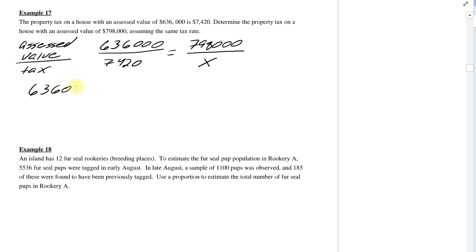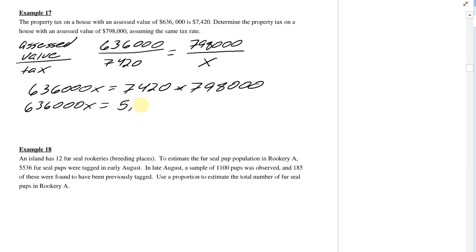So I have 636,000x equals 7,420 times 798,000. Okay, so let's go ahead and work this out. We get some pretty big numbers with this, but I'll go ahead and just write that out.